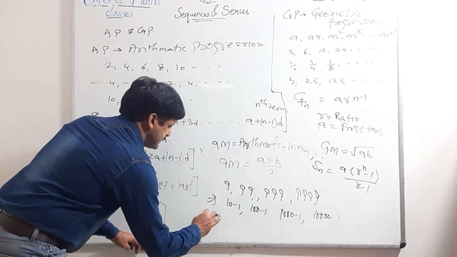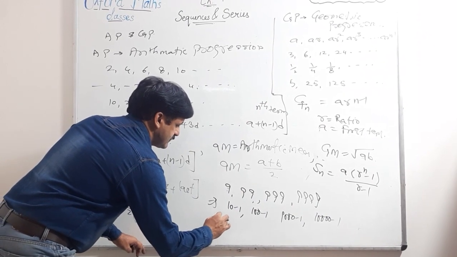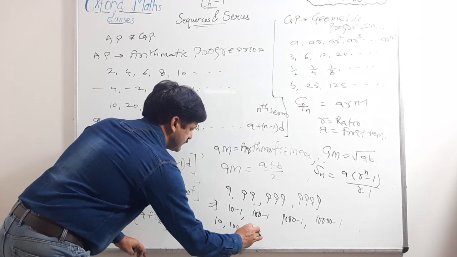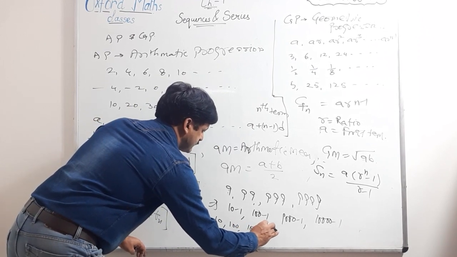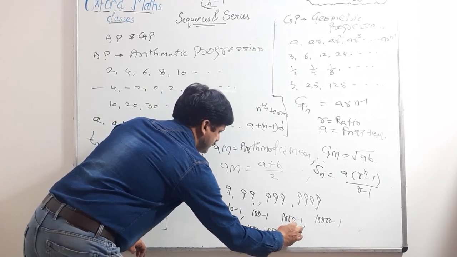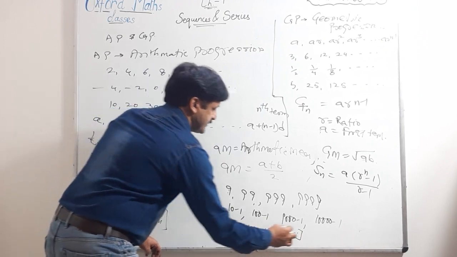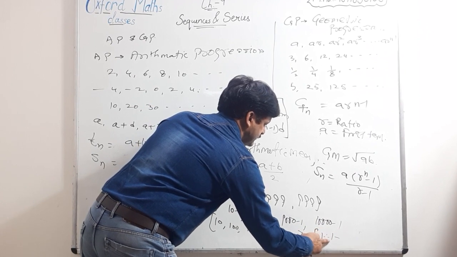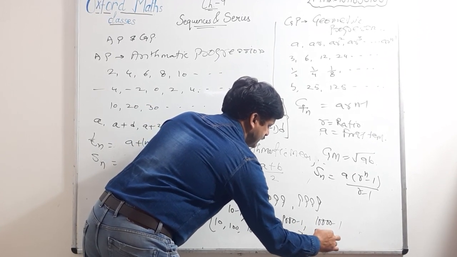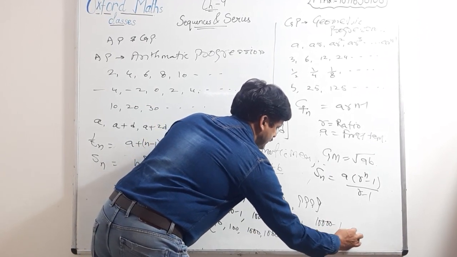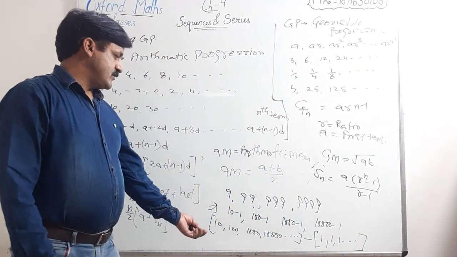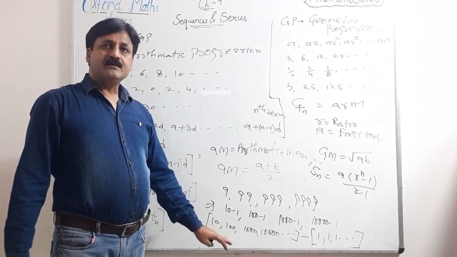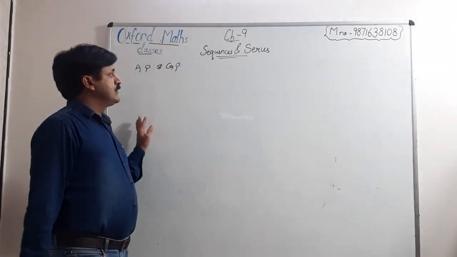Or we can write 10, 100, and so on, minus 1 plus 1 plus 1 and so on. This series is now converted to GP. So apply this formula and find the result of GP.